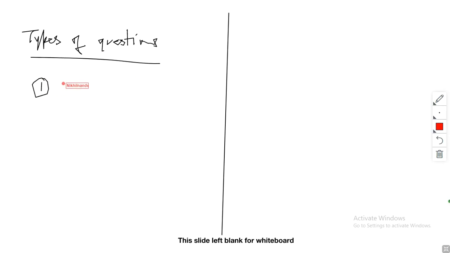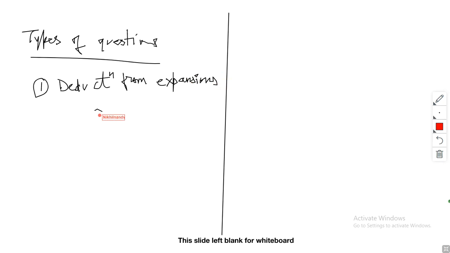So the first question was on, I would say, deduction from expansion. There are about 7 to 8 types of questions in this chapter.